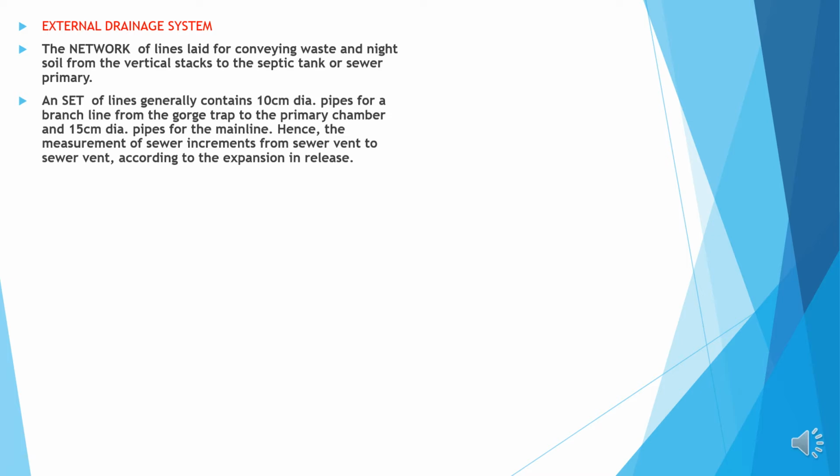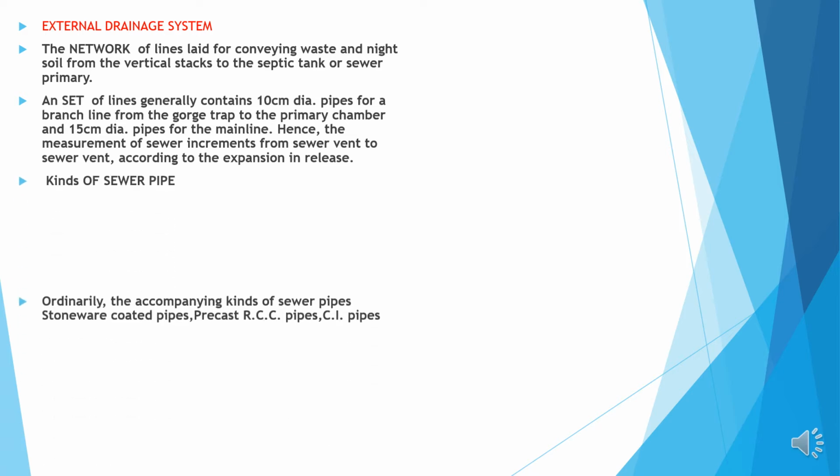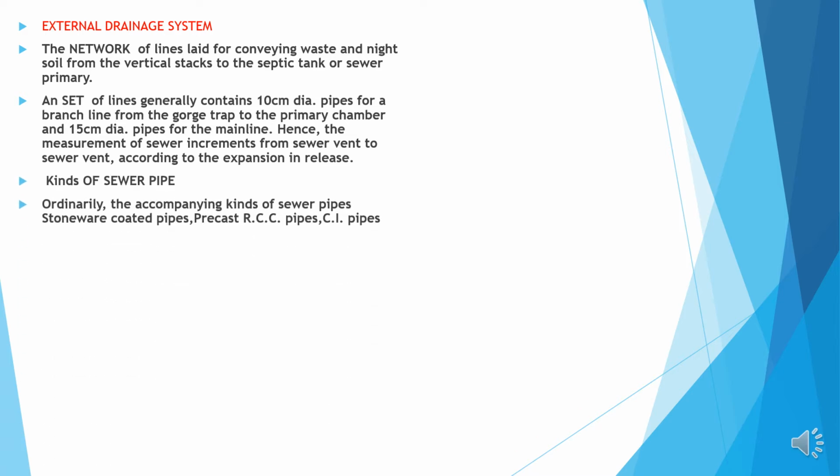Hence the measurement of the sewer is taken from sewer vent to sewer vent according to the expansion and releases. Kinds of sewer pipe: ordinarily, the pipes consist of stoneware coated pipes, precast RCC pipes and CI pipes.